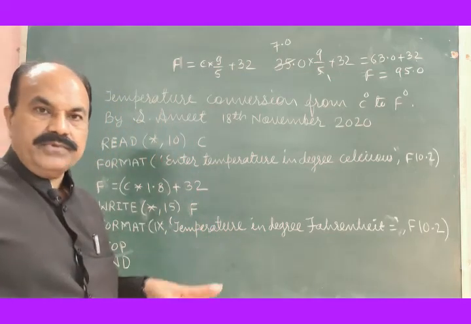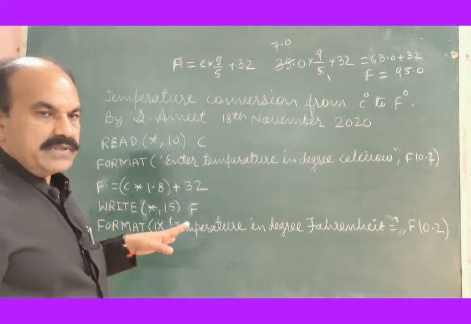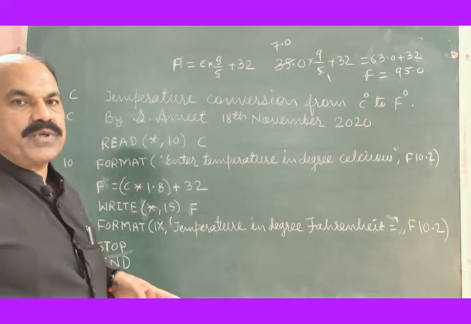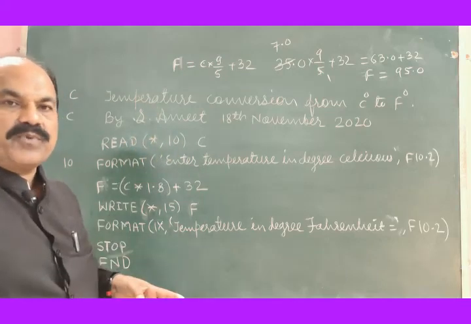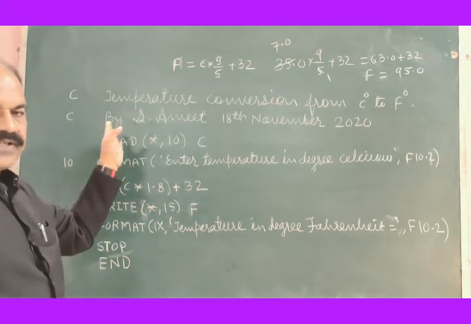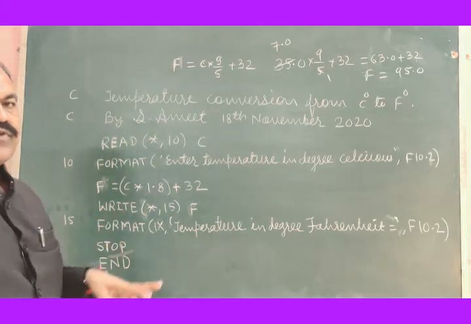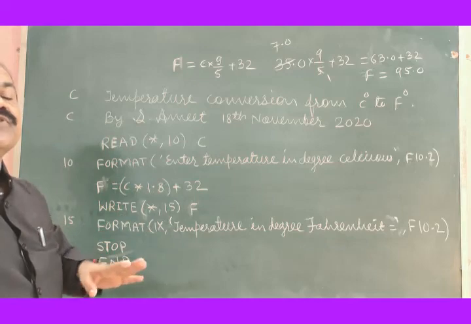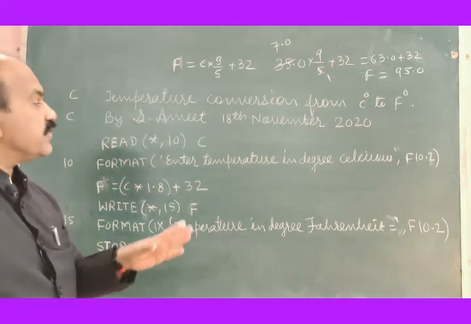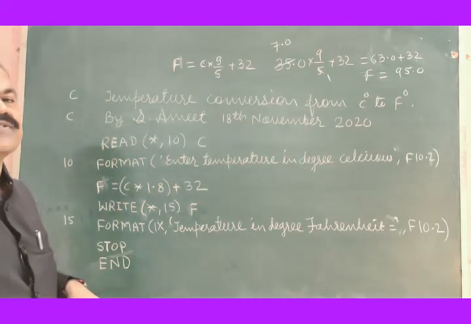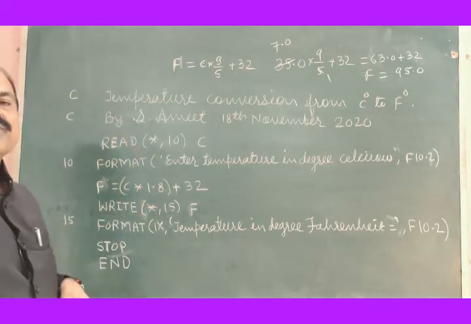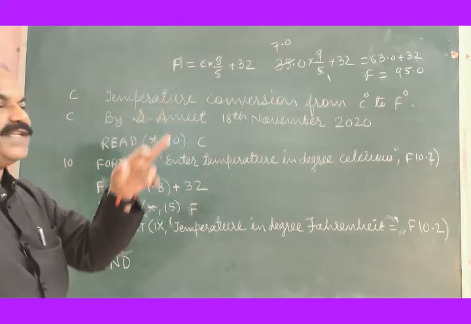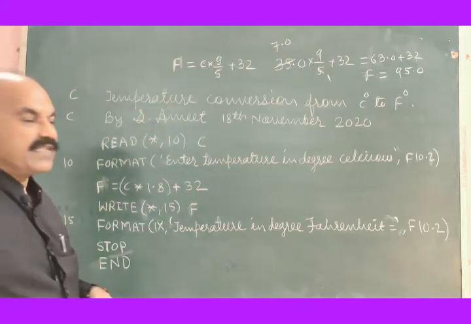Hope you got an idea about this program, how I have written the program. I have explained each and every statement, for what purpose the statement is written, and these are to be written without violating the rules of writing these statements. Then the program execution will be correct, it will not be interrupted, and you will get a result like this.